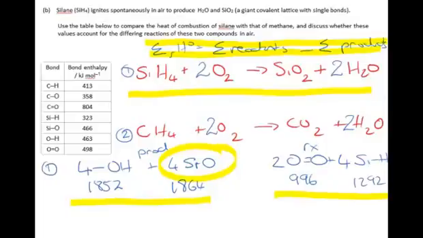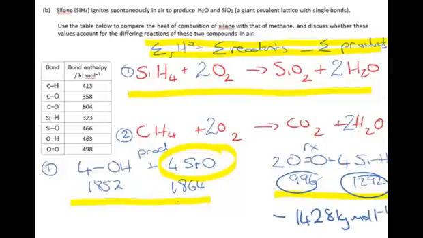If we add up all of those, it's 996 for the oxygens, 1292 for the silicon hydrogen, and 1864 for the silicon oxygen, and 4 OH bonds. If we add those up and subtract them, we'll end up with minus 1428 kilojoules per mole. Okay, so just one little trick to that one there.